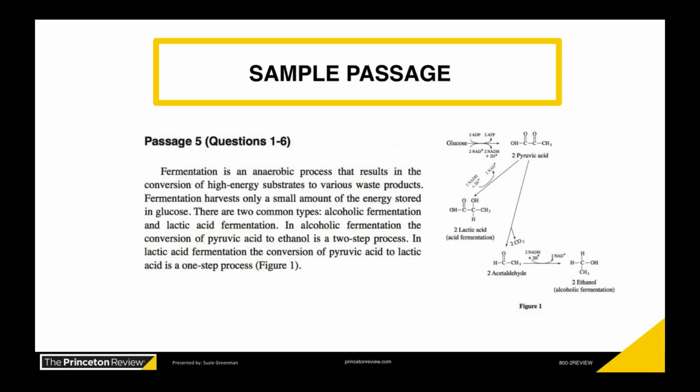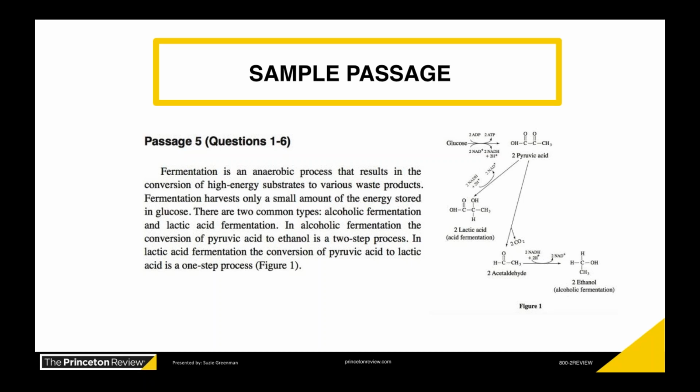So pyruvic acid, is it going to be oxidized or reduced? Are we going to be gaining or losing electrons? As we move from pyruvic acid to lactic acid, we notice that we're gaining what?